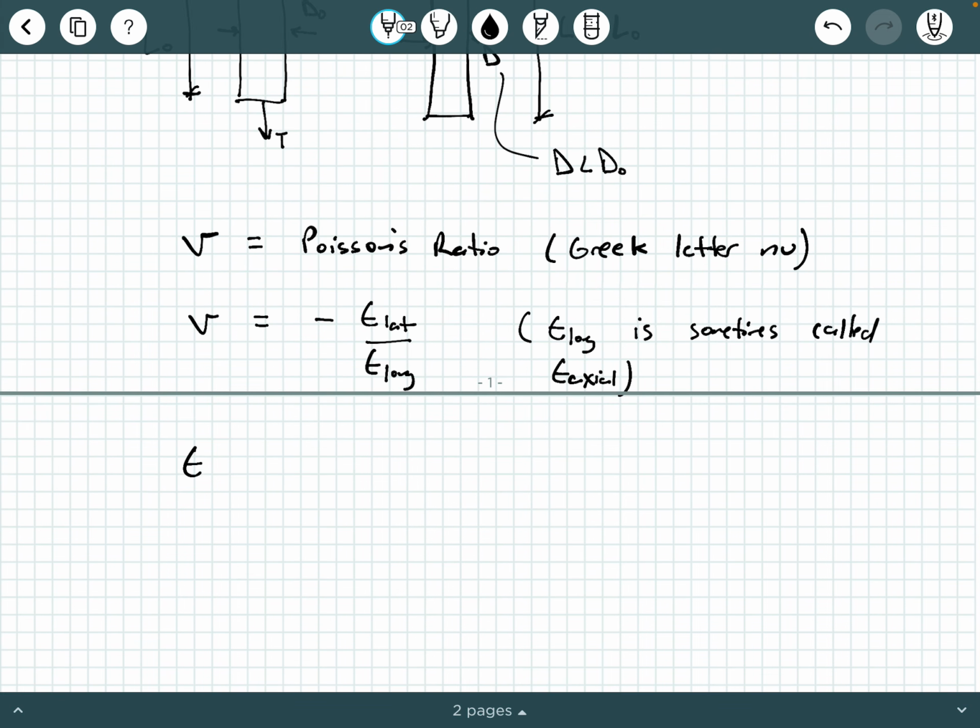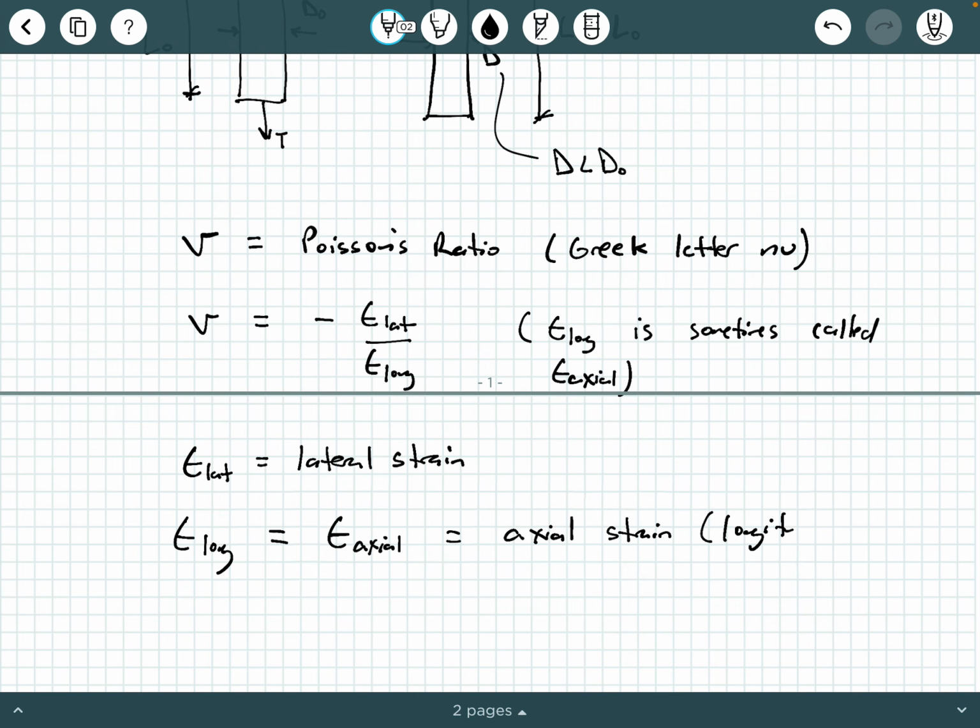So epsilon lat is called lateral strain, and then epsilon long, also sometimes called epsilon axial, is axial or longitudinal strain.